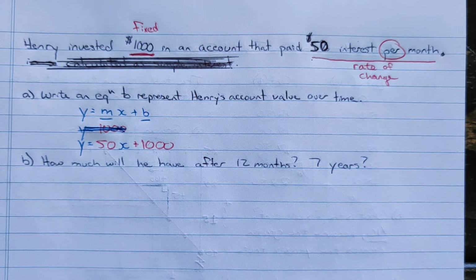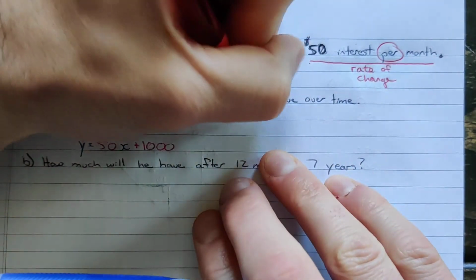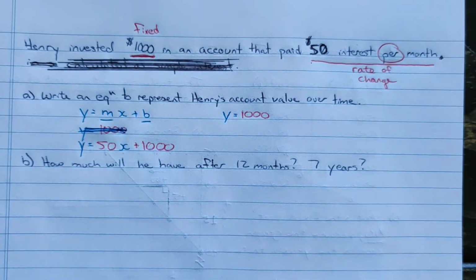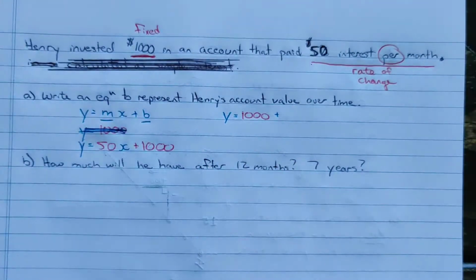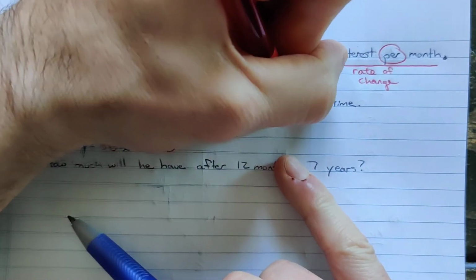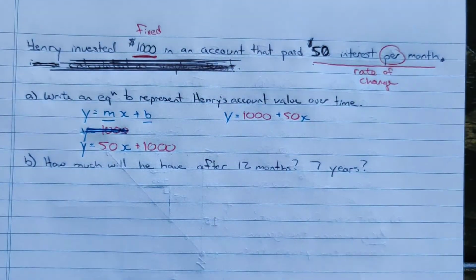You could also write this, and this is perfectly allowed. It doesn't make any difference, but you could write the equation y equals, as I was going to write it, $1,000, his starting value, plus the 50x. Doesn't matter.